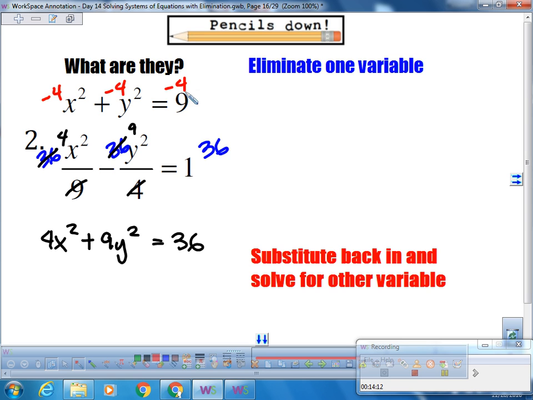So now negative 4 times x squared is negative 4x squared. That's going to eliminate the x's. Negative 4y squared equals 5. Now it's not such a big deal, right? There's multiple ways to do this.